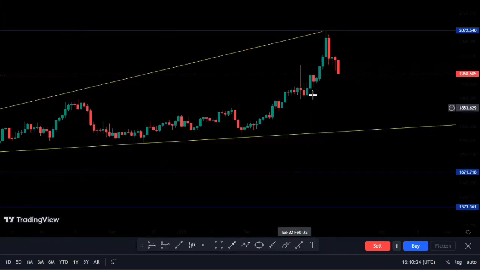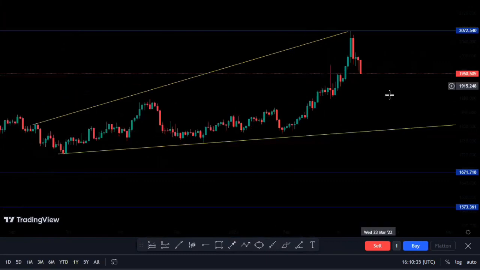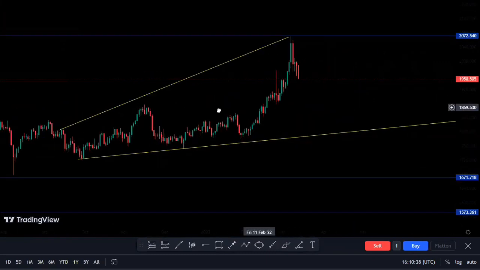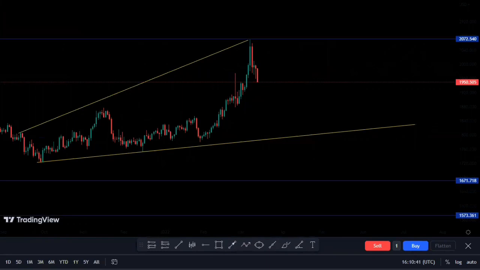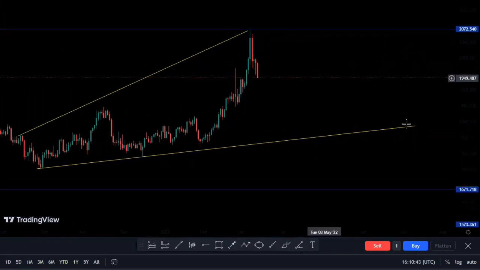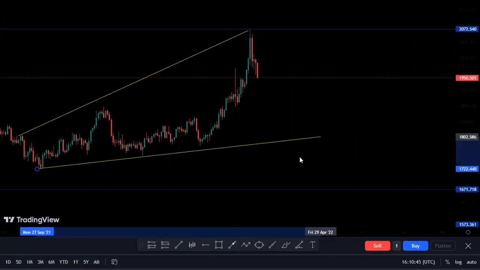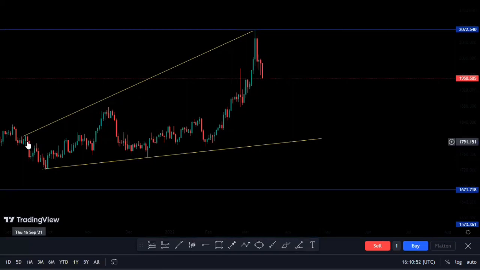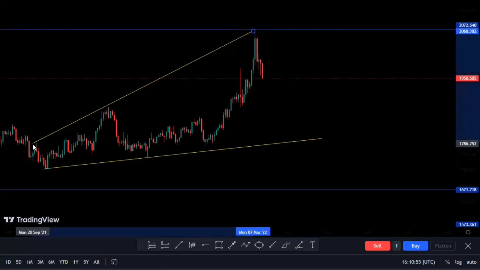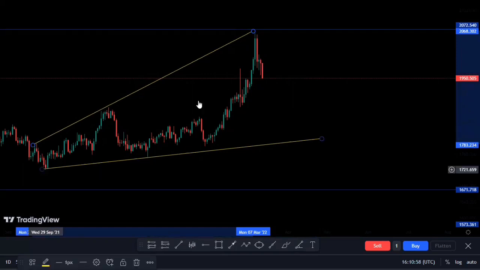From my smaller time frame, I can see some more data to work on, and I just want my structures to be clean. When you go to your smaller time frames, the structures start to be clearer.